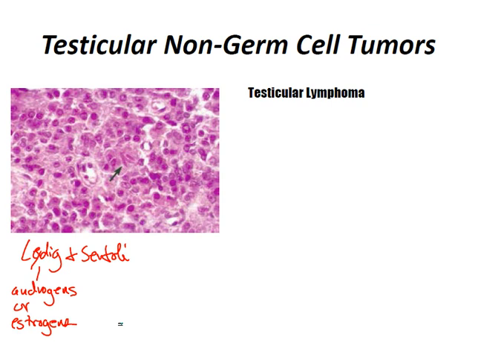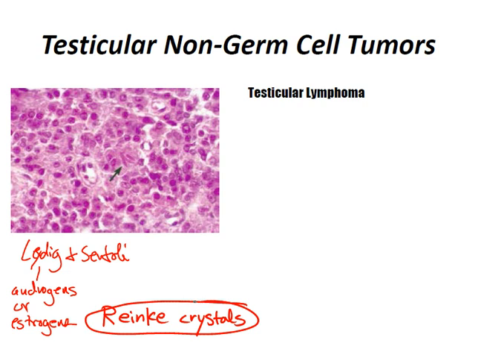It presents with precocious puberty in boys and gynecomastia in men, and it is characterized by intracytoplasmic Reinke crystals, which are rod-shaped crystals.